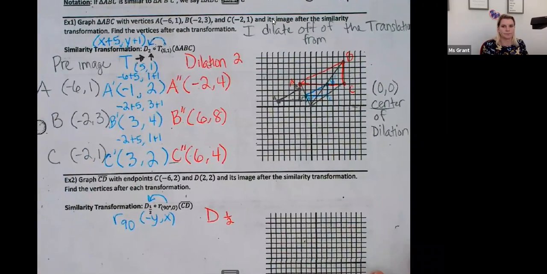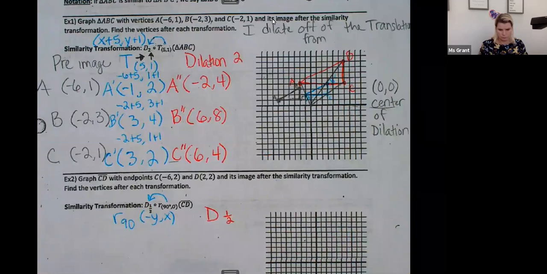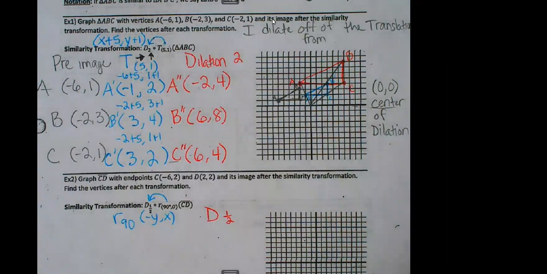Questions? So 0, 0 is the center of dilation because it passes through the red image and the blue image.